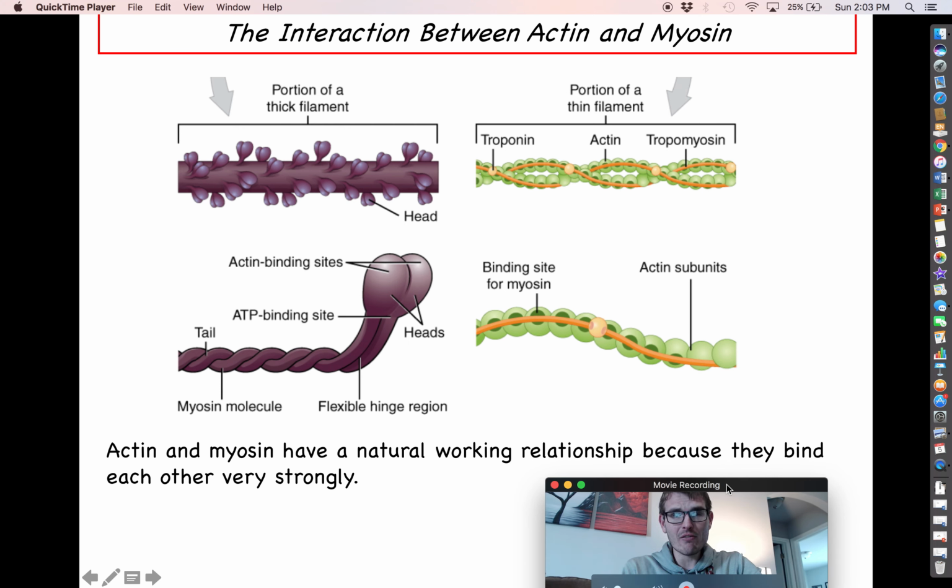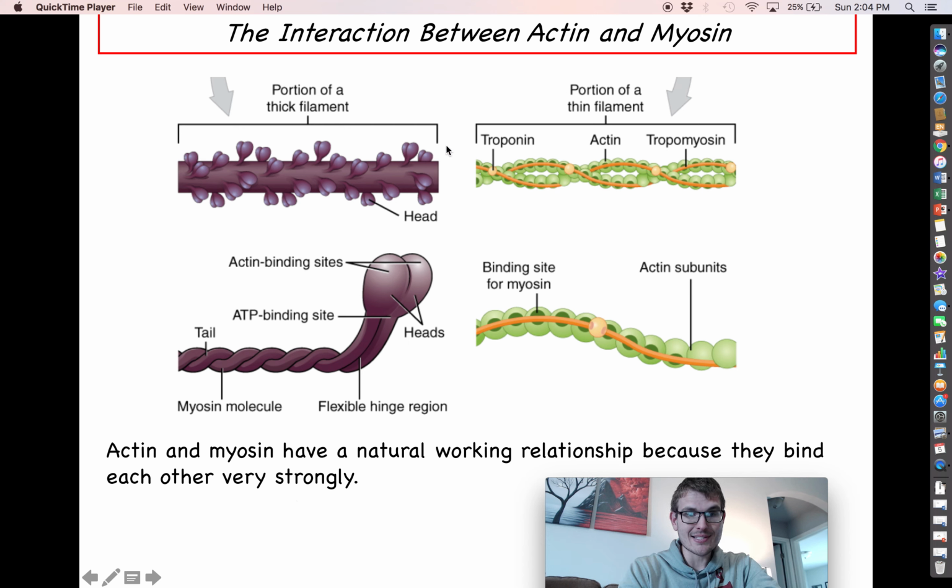Okay, so I took note of the fact that one of the most important and fundamental things to muscle contraction, and we will see this is true for any type of muscle fiber, whether it's skeletal, cardiac, or smooth, is this interaction between actin and myosin. I said actin and myosin love each other. They've got this natural affinity for each other. So let's discuss that a little bit more in depth. Actin and myosin have this great natural working relationship because they bind each other with great affinity.